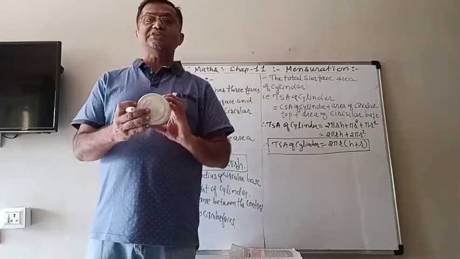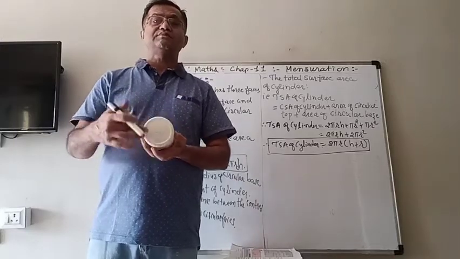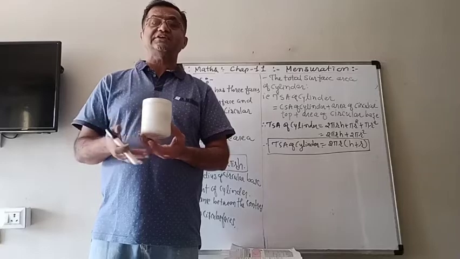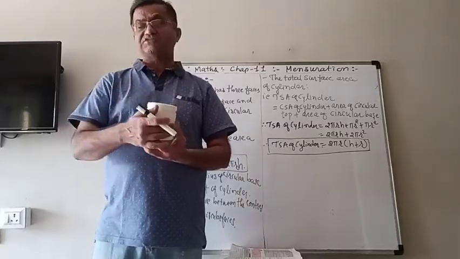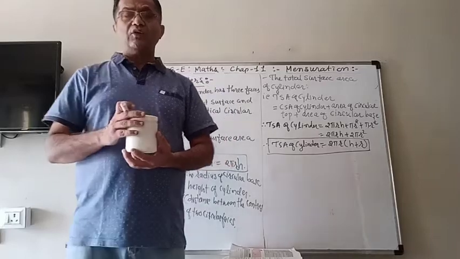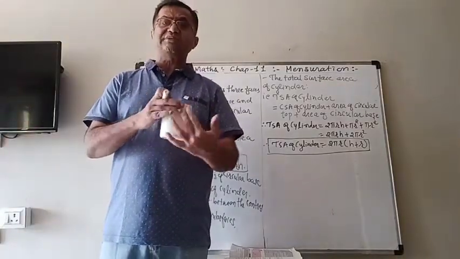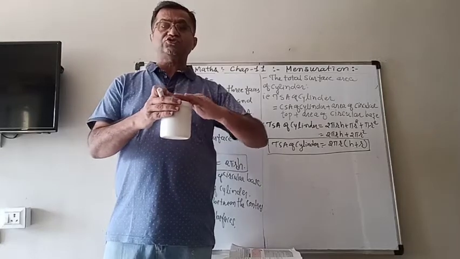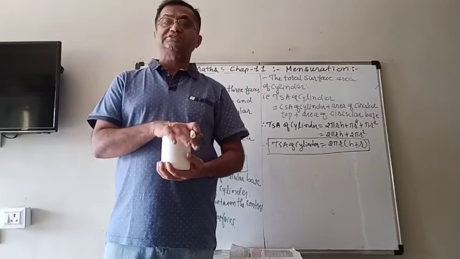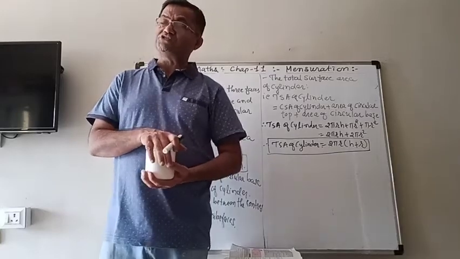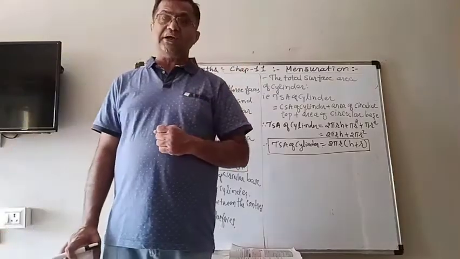Here the top and bottom are identical circles, and this is the curved surface. The lateral surface area means only this, we take out the top and bottom. It is also known as CSA, curved surface area.